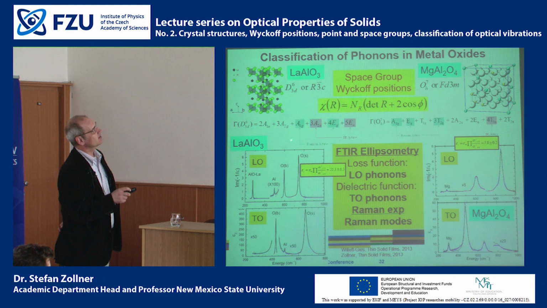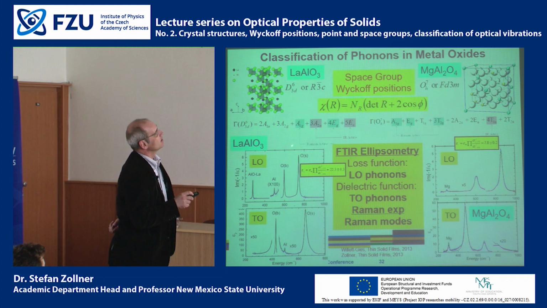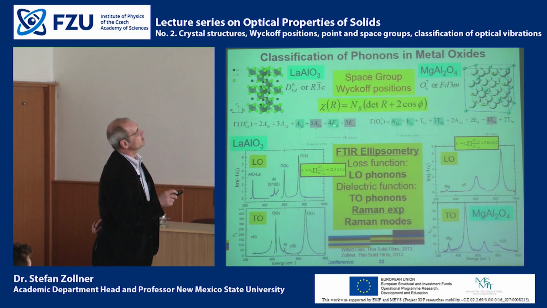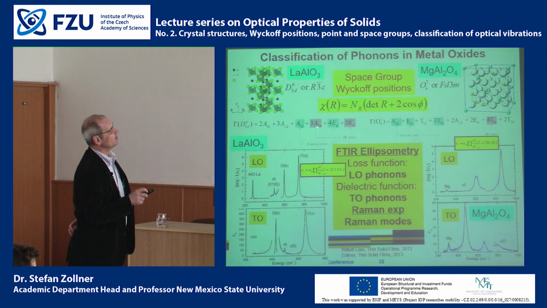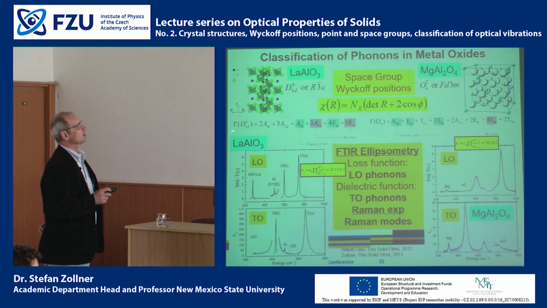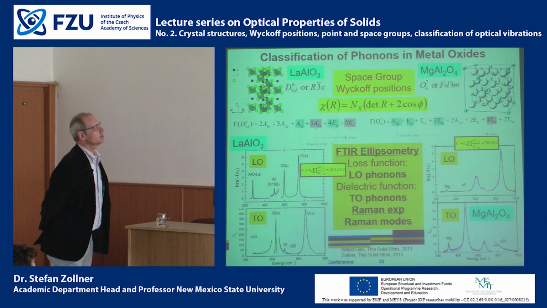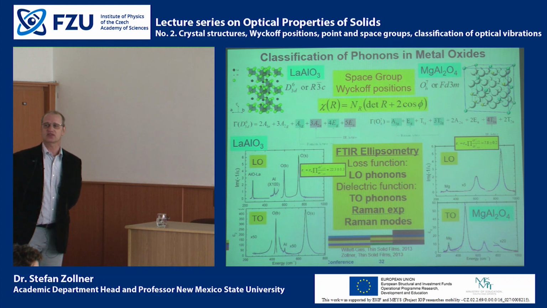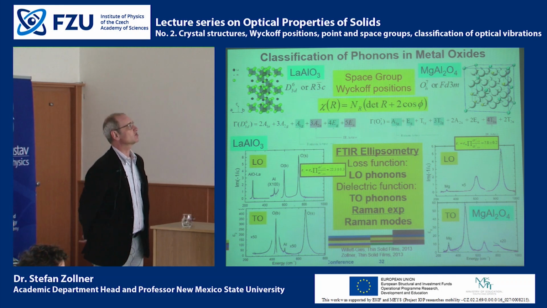And you see here for lanthanum aluminate, the A1G and EG modes, those are Raman active modes shown in blue. And there's A2U and EU modes. Those are the infrared active modes. And then there's also an A1U and an A2G mode. And those are silent, and therefore they do not show up in first order Raman or infrared spectroscopy.